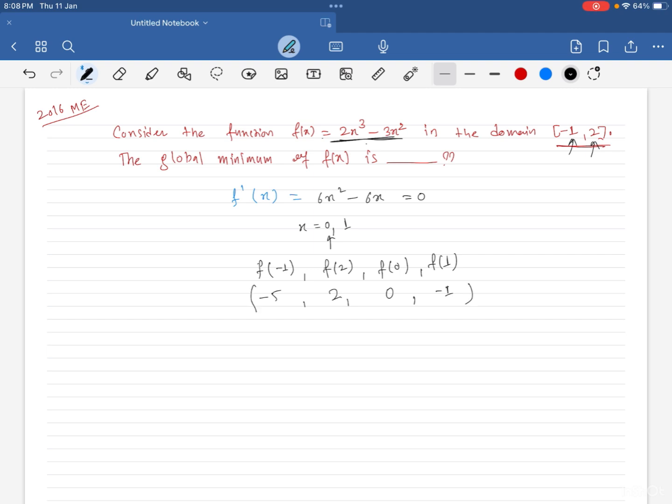Now, because we have to find the minima, at what value is the minimum? That is minus 5. So at x equals minus 1 we have the minimum, right? So the global minima of f(x) in this domain is minus 5.